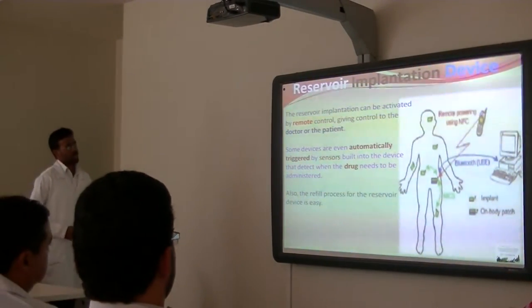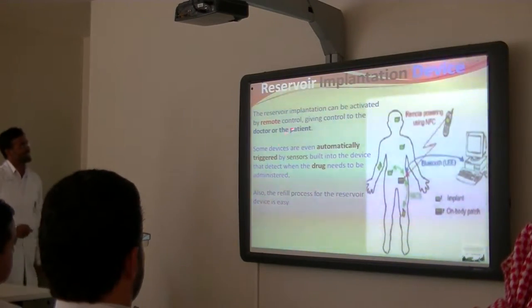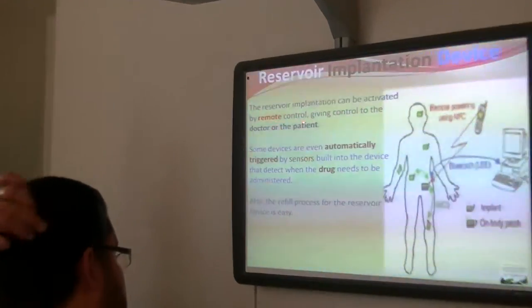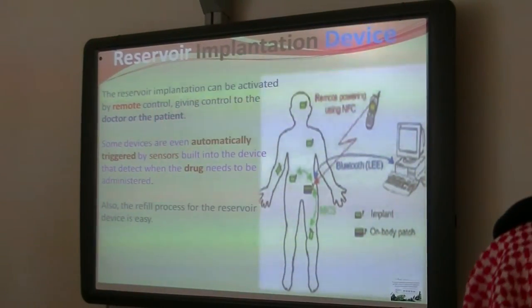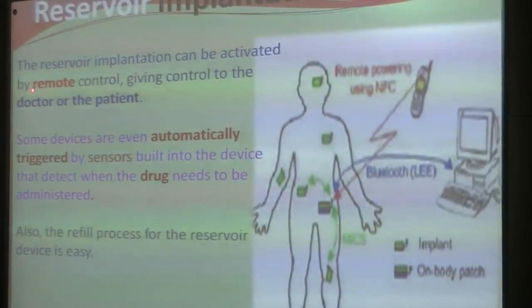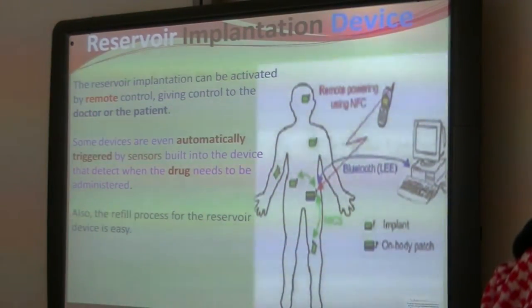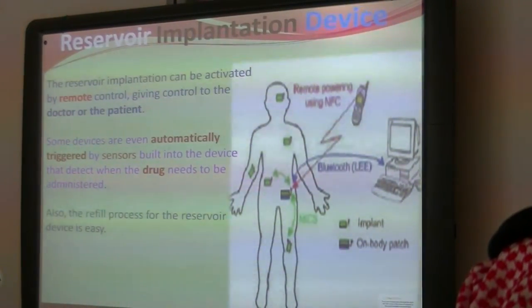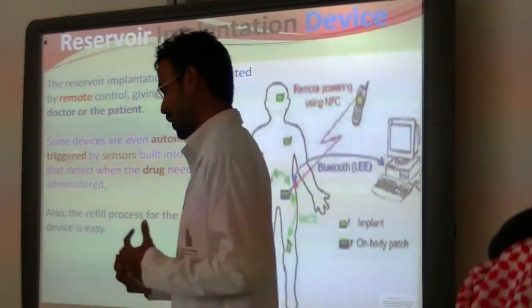Now there is again an advancement in the previously discussed topic. What is that advancement? This is the reservoir implantation devices. These devices will activate the release of a drug depending upon remote control, and that remote control will be given to the doctor or the patient. So what it means is, suppose I am equipped with the implant, and that implant has all of the drugs.